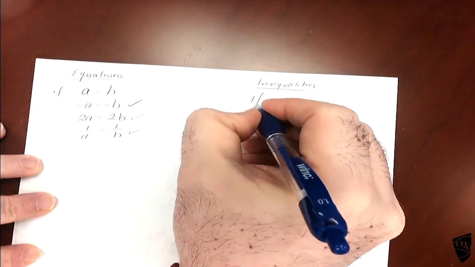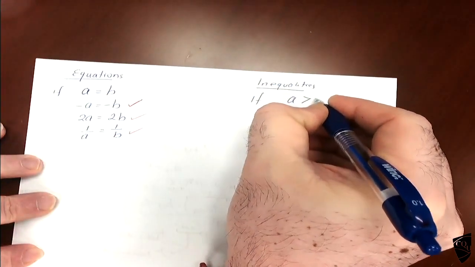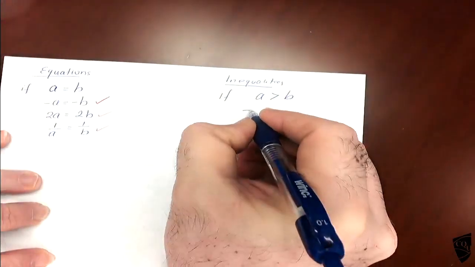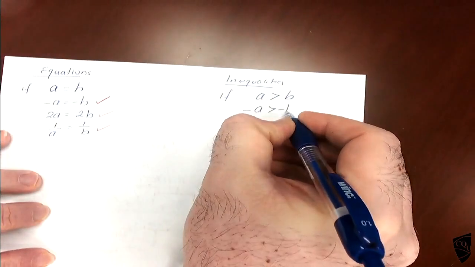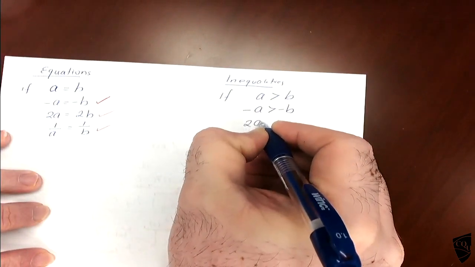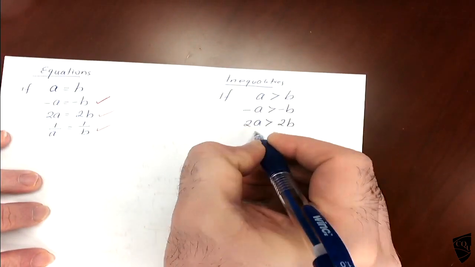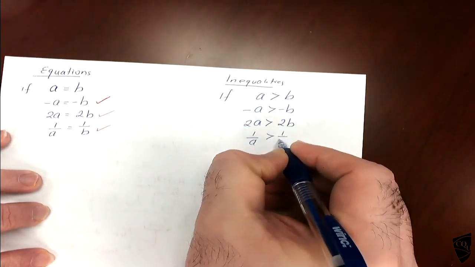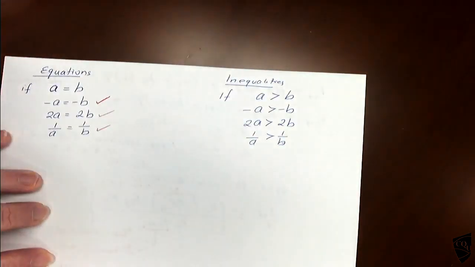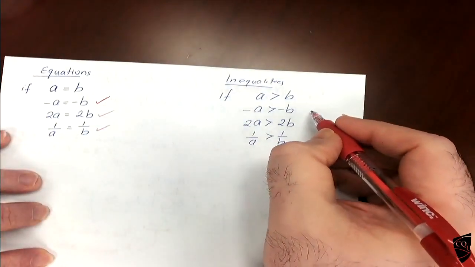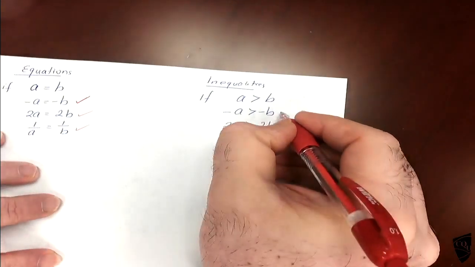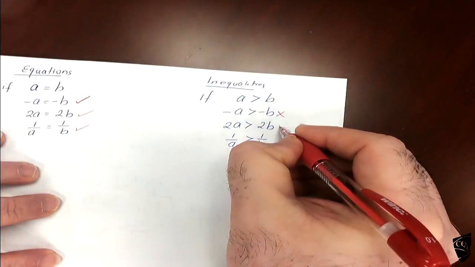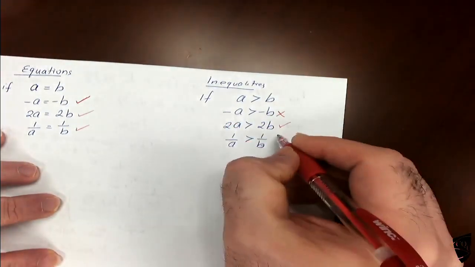So if A is greater than B, can we say that one? What about this one, is it correct or wrong? Wrong. That is wrong. This one? That's correct. This one? Wrong.